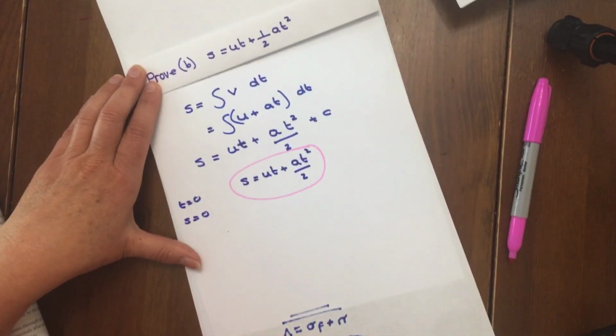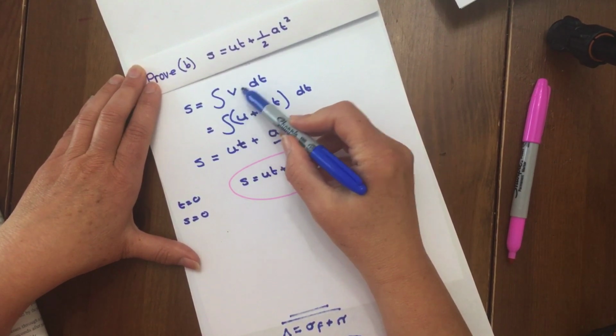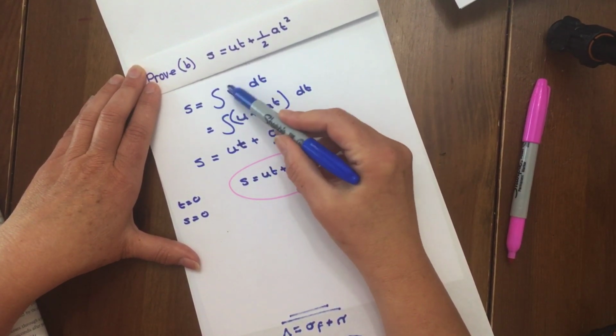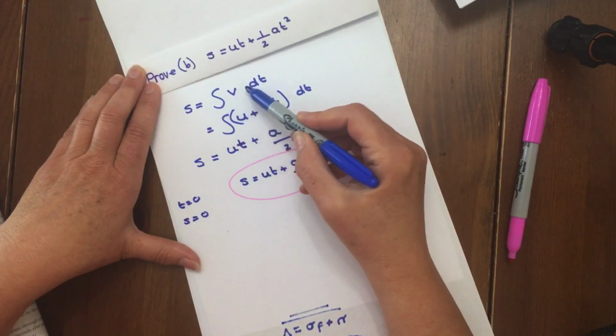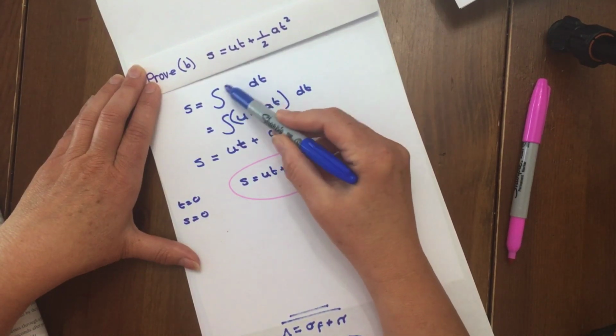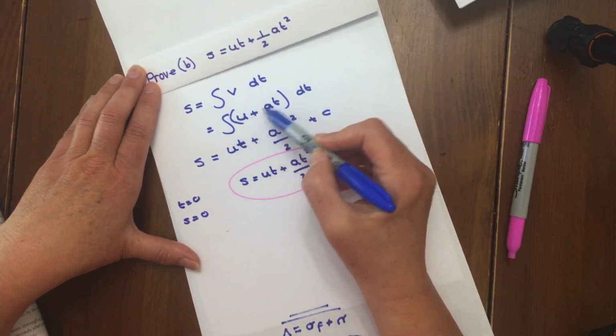You might be asking, why couldn't I just integrate v at the beginning? Well, v actually is a variable. I can't just say this is vt plus c, because v is changing. However, u and a are constants.